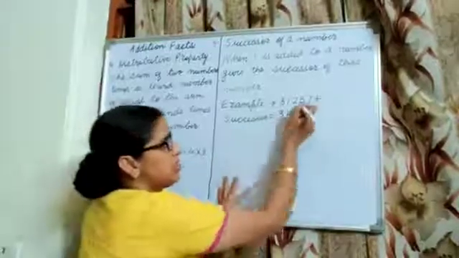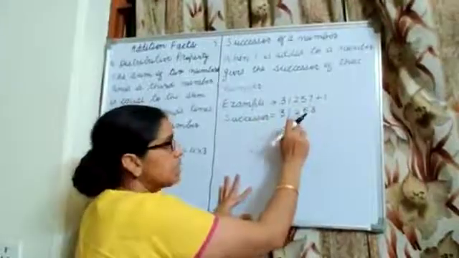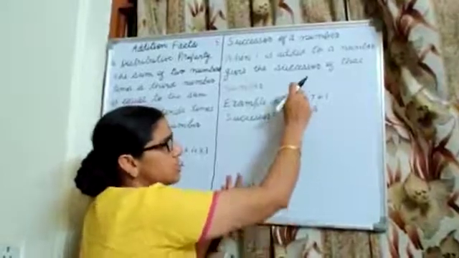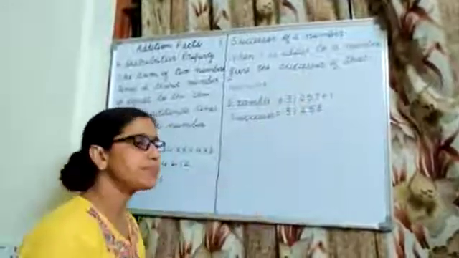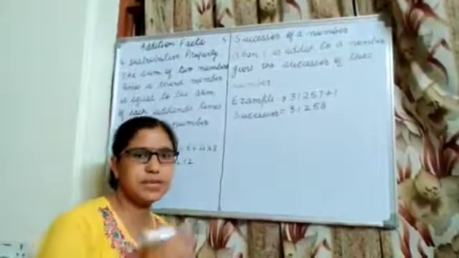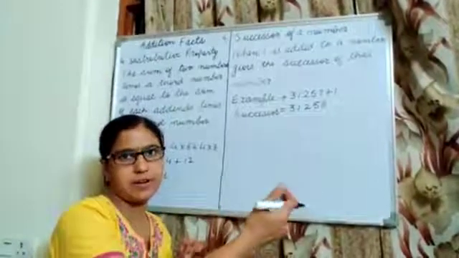This 31,258 is called the successor of 31,257, or in other words, we can say it is the just next number.